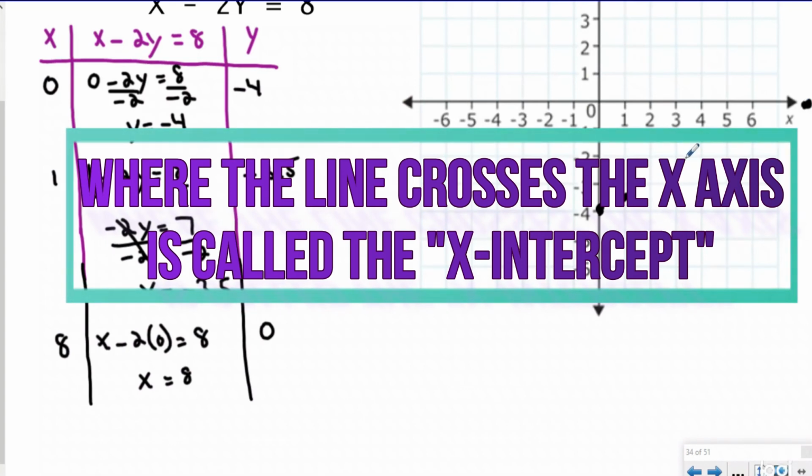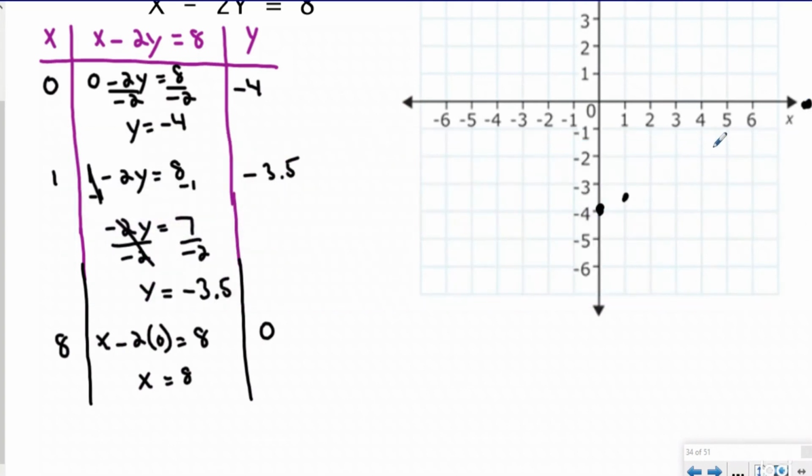And so now let's see, when y is -1, you can kind of just graph 3 or 4 using this ordered pair. Let's do one more. So if y was -1, that means I'm going to be using x minus 2 groups of -1 equals 8, okay?